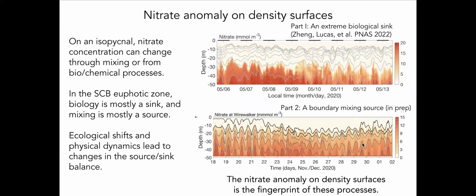We call these density surfaces isopycnals. It's just a term of art, but it's basically saying the ocean is a layer cake in the vertical. As you go down, this layer cake has increasing densities.